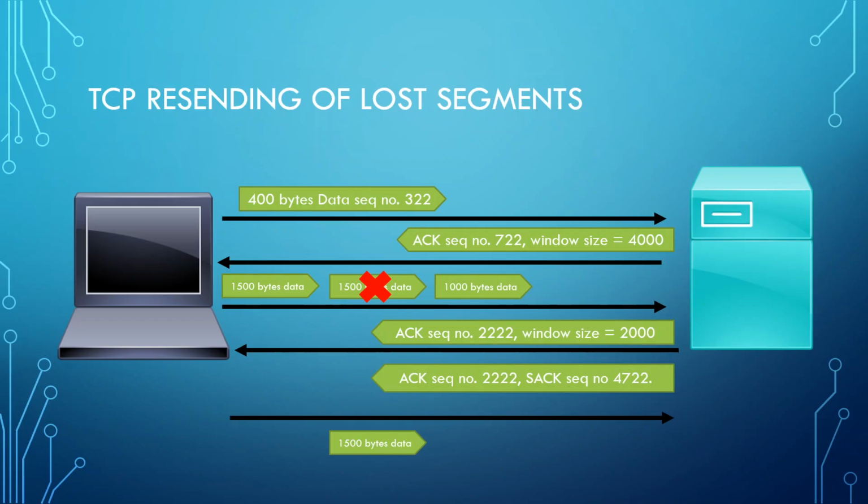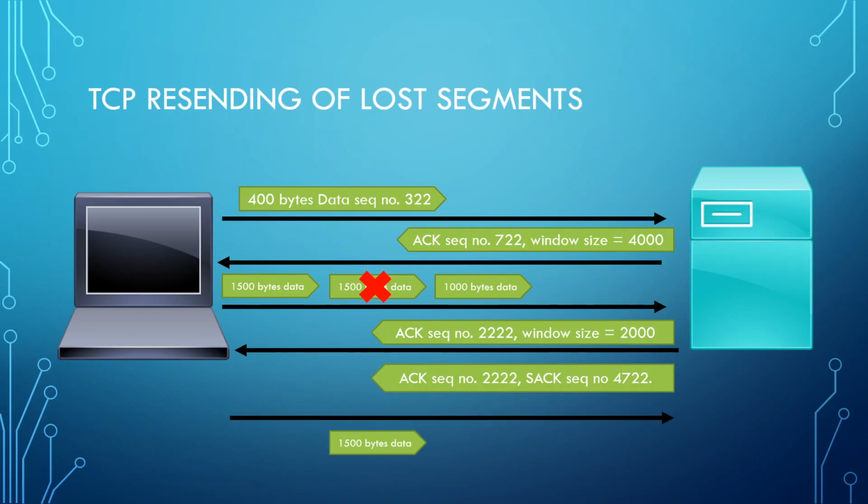And so through this process of duplicate ACKs and the selective ACK message, by saying to the client that I've received that first packet you sent, by using an acknowledgement number of 2222, I've received the third packet you sent, by using an acknowledgement number of 4722, but I haven't received the second packet, because I'm listing the sequence number of the second packet as the acknowledgement number many times. I'm telling you so many times that I haven't received this packet.